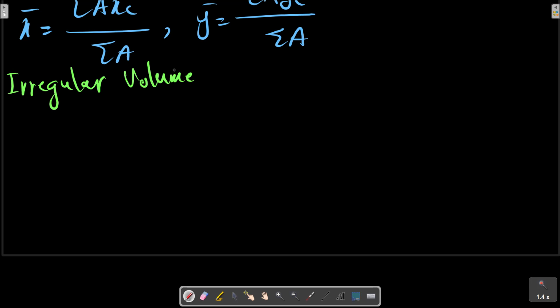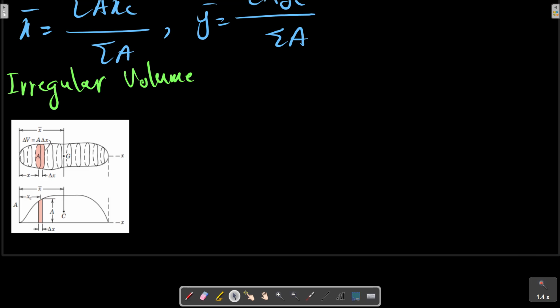To locate the center of an irregular volume, we may reduce the problem to one of locating the centroid of an area. Consider the volume shown in this picture, where the magnitude A of the cross-sectional area normal to the x direction is plotted against x as shown.